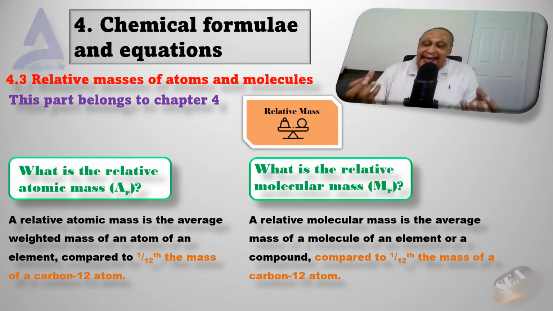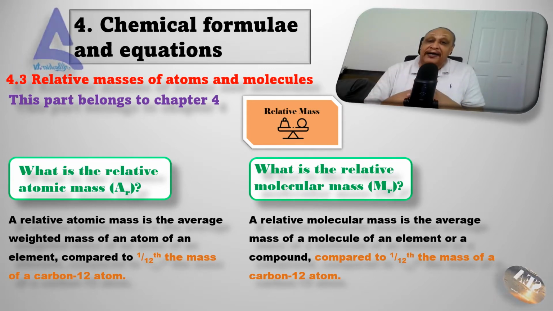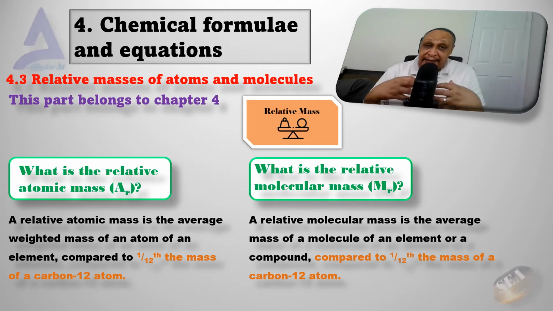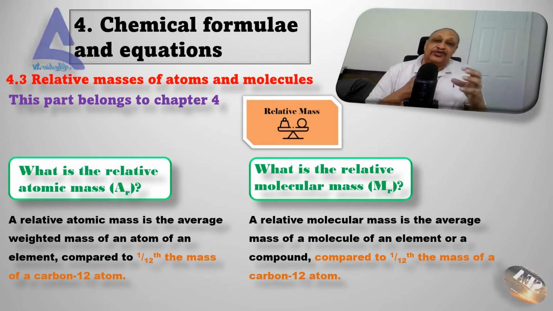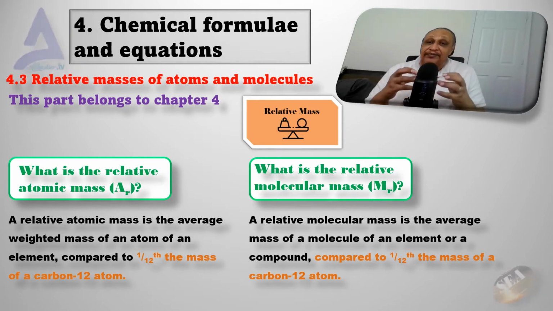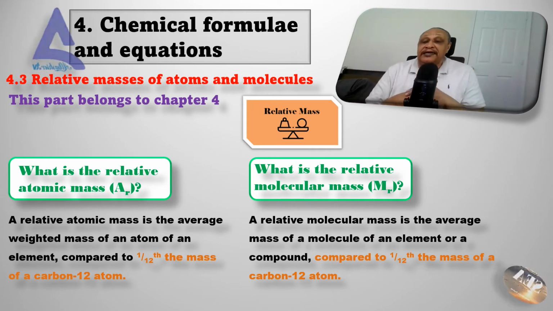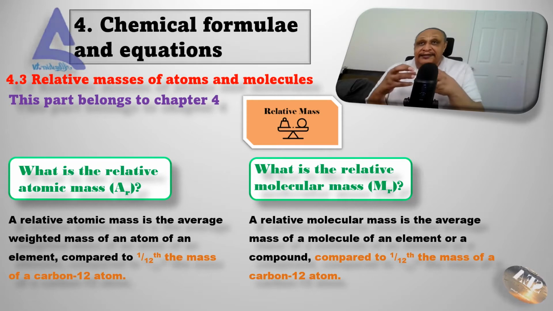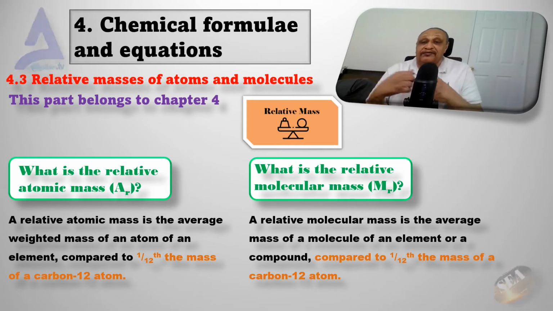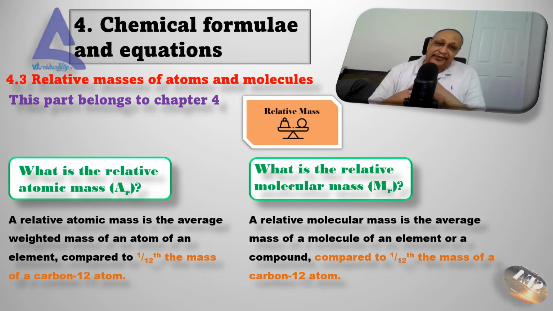We can rely on it in order to come out with how we can weigh atoms. So the carbon 12 weight is 12 because it's related to its atomic mass. Based on this, we find that the hydrogen atom is 1/12 of it. And then we try to compare all of these things to it.